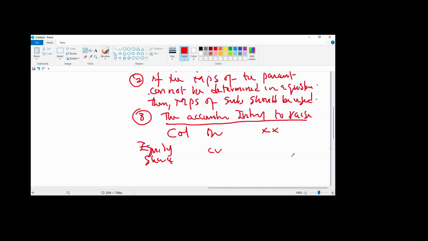Sorry, sir, you said what? Equity shares. And the fourth one, I think somebody wants to ask a question at that time. Sir, we can't see your page. We can't see your share screen.